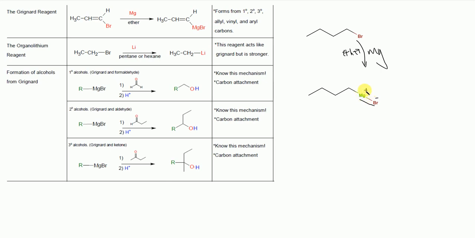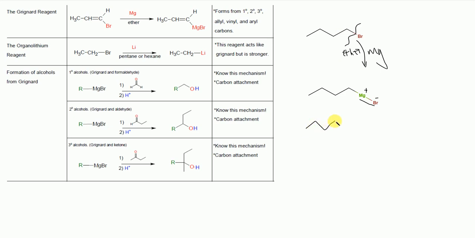What this does is it allows us to separate the electrons from bromine and the carbon. What I want everyone to think of this as is essentially removing the electrons from bromine and giving them to the carbon that the bromine is attached to.